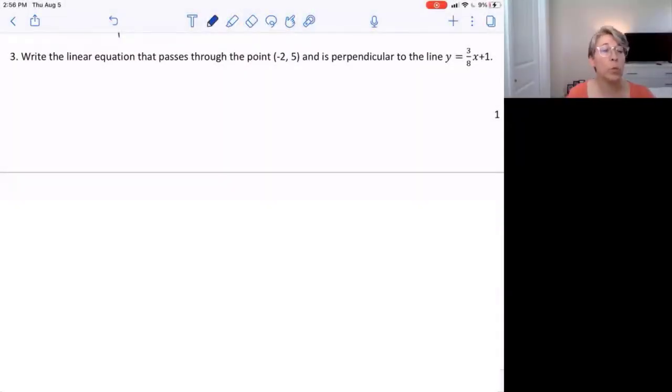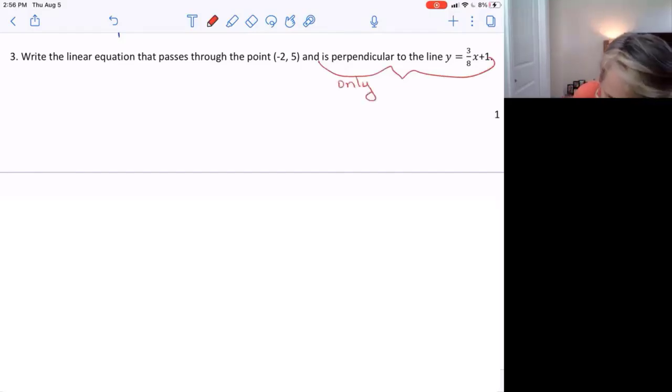Now in example 3, we're wanting to write the linear equation that passes through the point (-2, 5) and is perpendicular to the line y equals 3/8 x plus 1. This information is only to give us the slope. Because notice they only gave us 1 point.